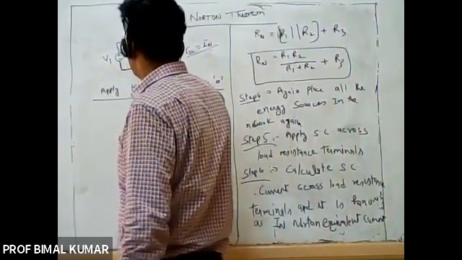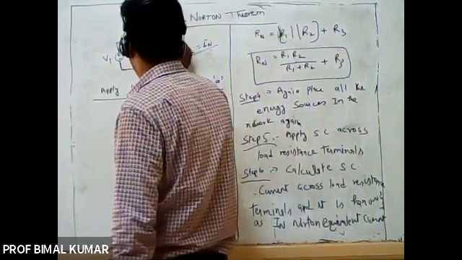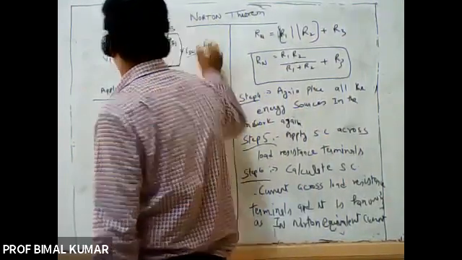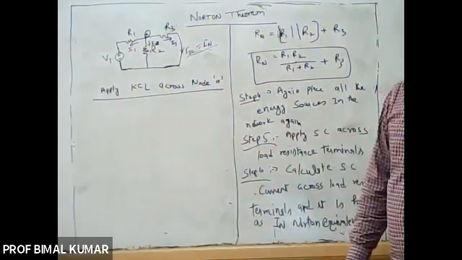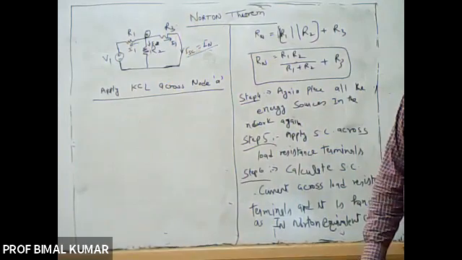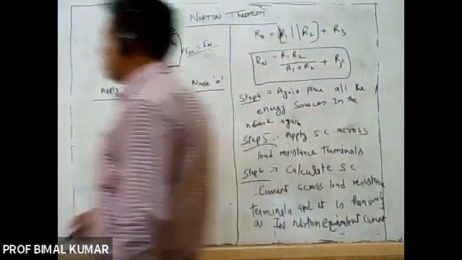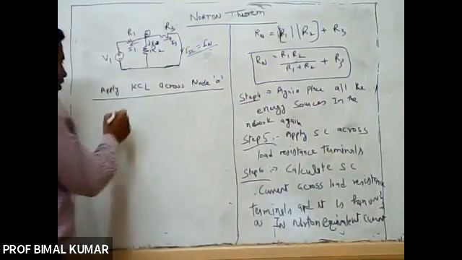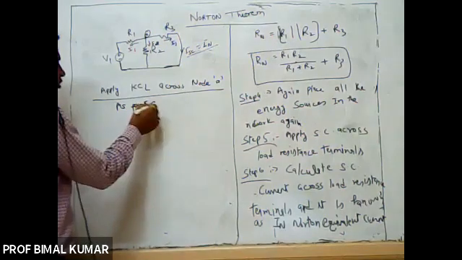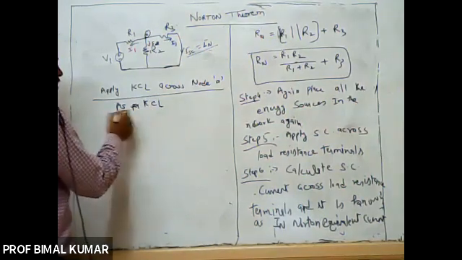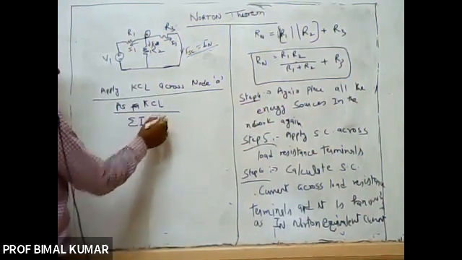Let us say this is the direction of the current I1, this is the direction of the current I2, and this is the direction of the current I3, and I3 is equal to ISC. So as per Kirchhoff's current law, summation of I is equal to 0.